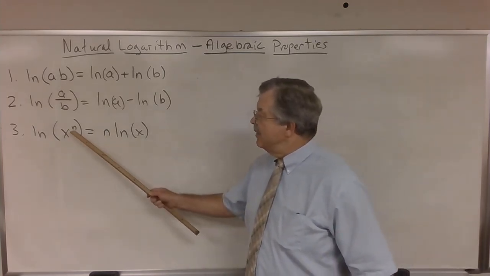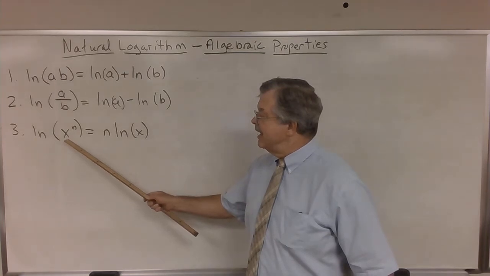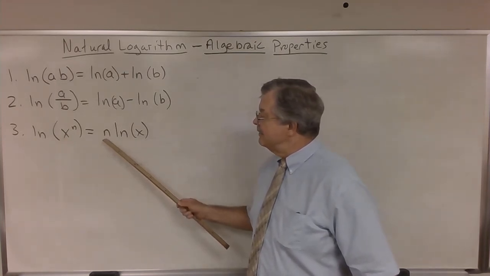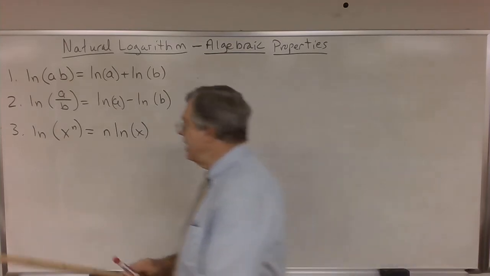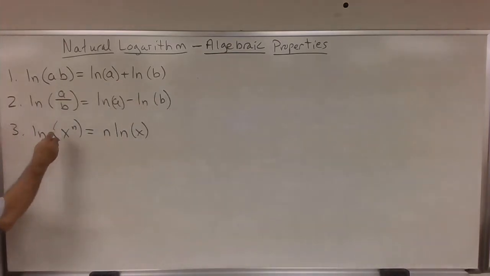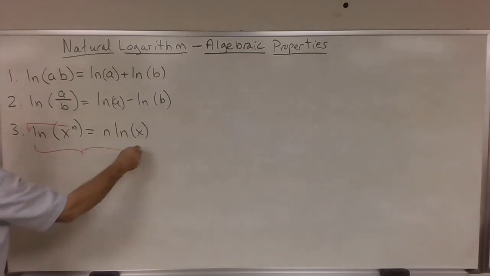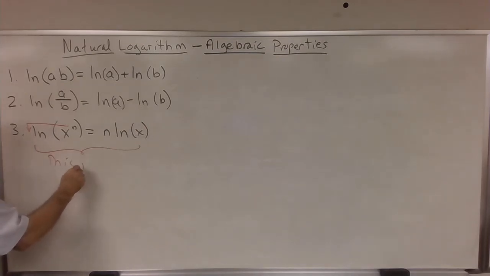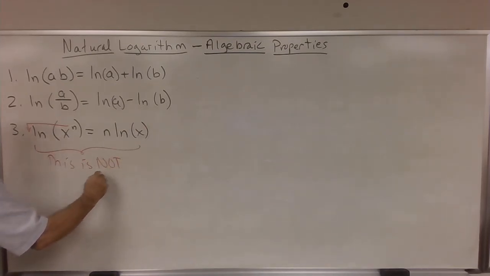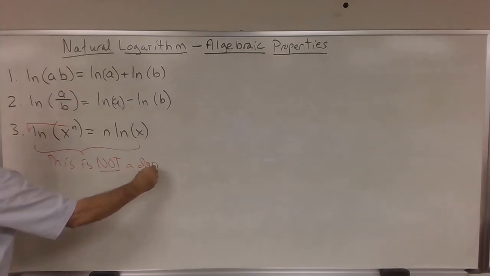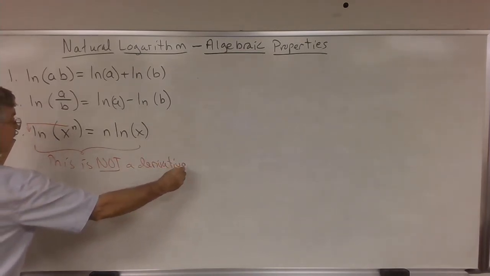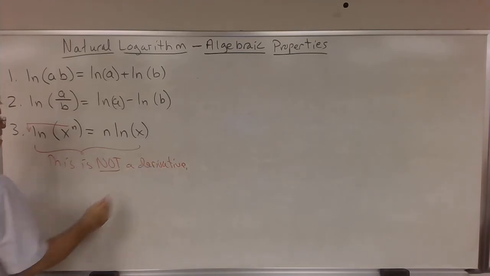We take the exponent of the argument of the natural logarithm function and bring it outside as a multiplier. This looks very reminiscent of the power rule for derivatives, but it's not. So I'll write a note. This is not a derivative. We are not computing a derivative here.